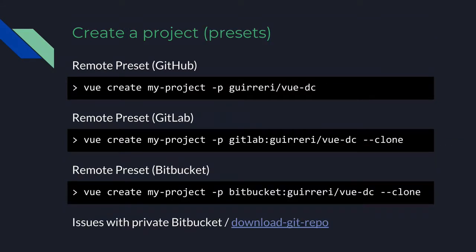And it goes a little bit further. You can do remote presets now. This is another good example of using somebody else's code and using it well. This is based on this download-git-repo package that's out there. So basically, if you have a Git project and you put that preset, named preset.json, into the root of that GitHub project, you can run this command and it will remotely pull that preset.